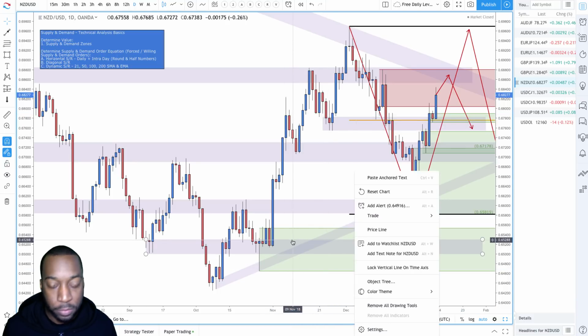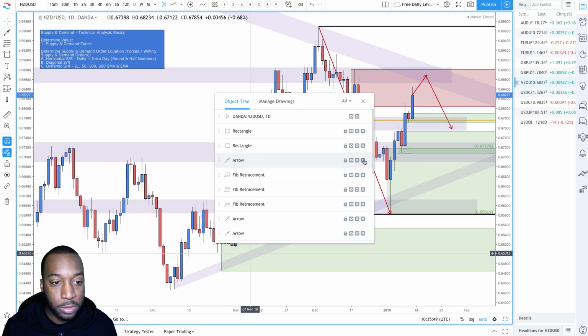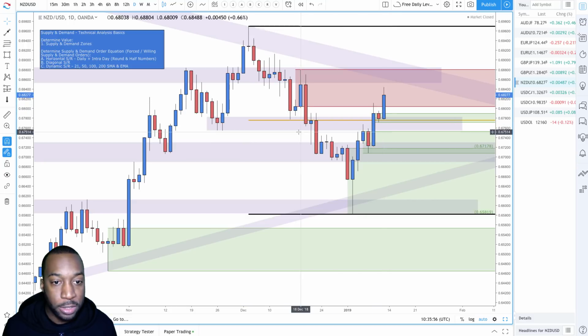Right, I'll get rid of this as well just to make things a bit clearer. So if you do want to be a buyer, you've had a bit of support and resistance there, and prices come down into this first demand zone, or maybe the top of this demand zone, then you probably want to be buying if you're taking advantage of the trend in the short term.